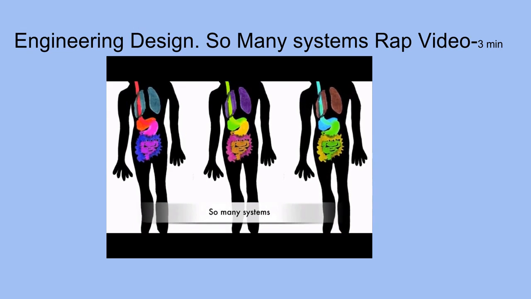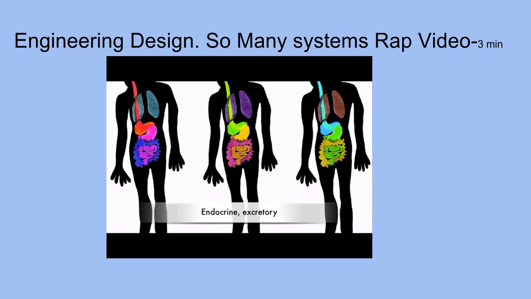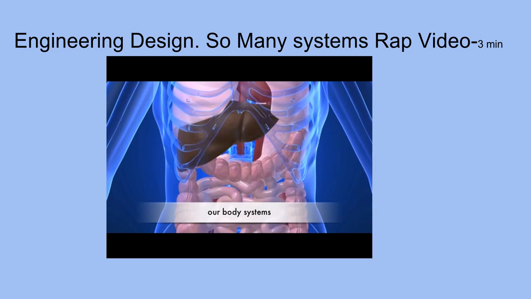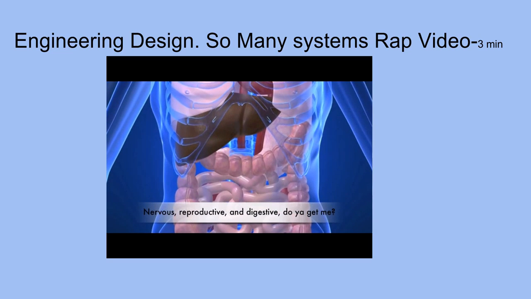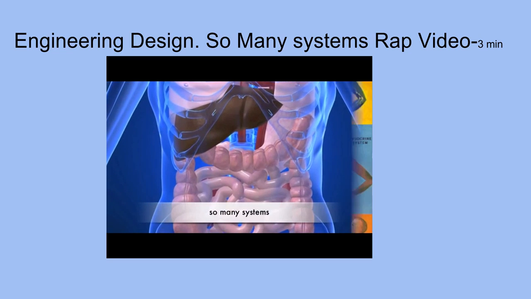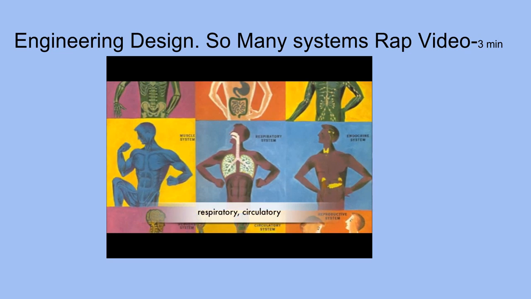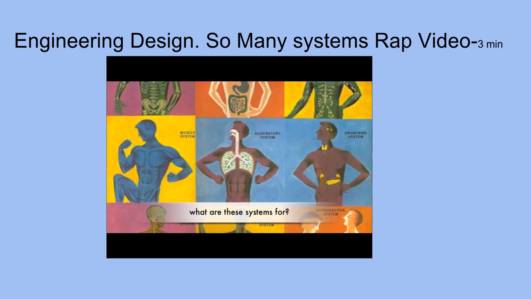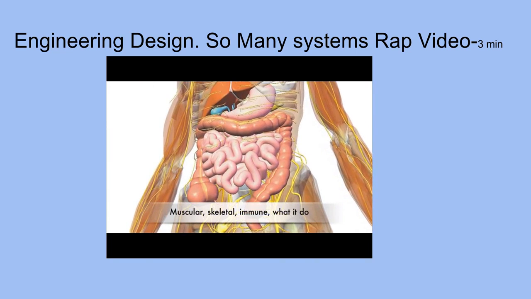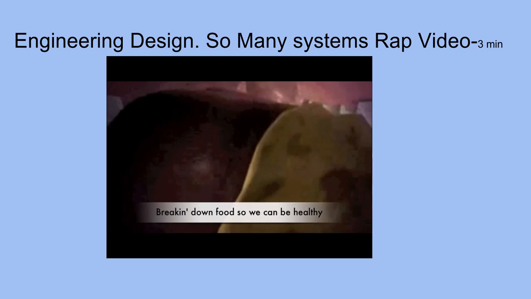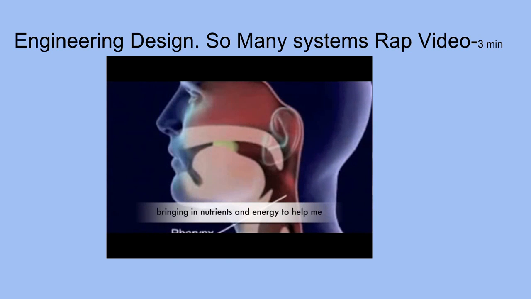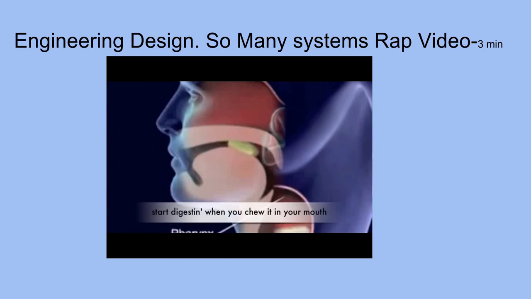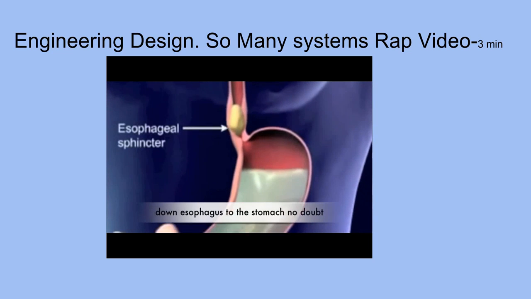So many systems. Endocrine, excretory, nervous, reproductive, and digestive. Do you get me? So many systems. Respiratory, circulatory, muscular, skeletal, immune. What are these systems for? Breaking down food so we can be healthy, bringing in nutrients and energy. Chew it in your mouth, down the esophagus to the stomach.